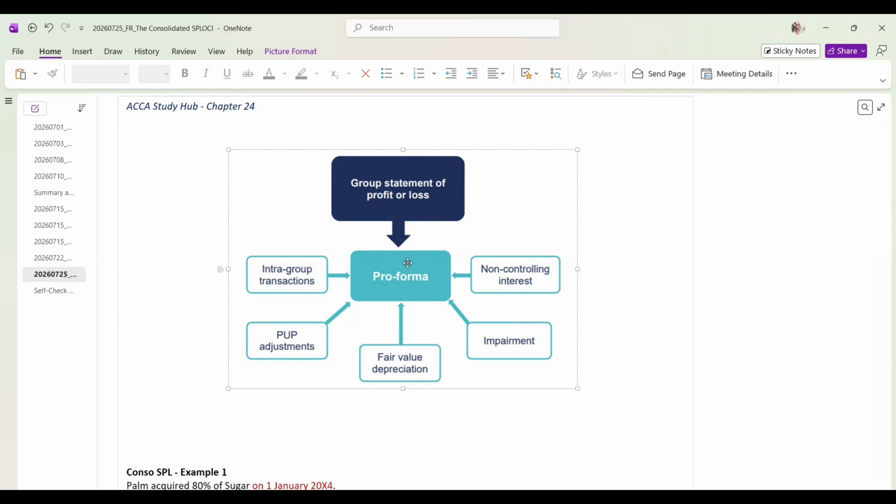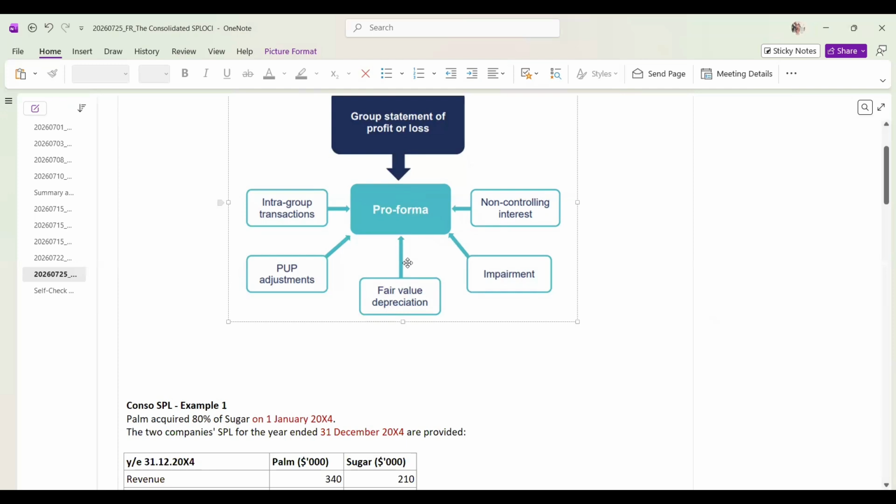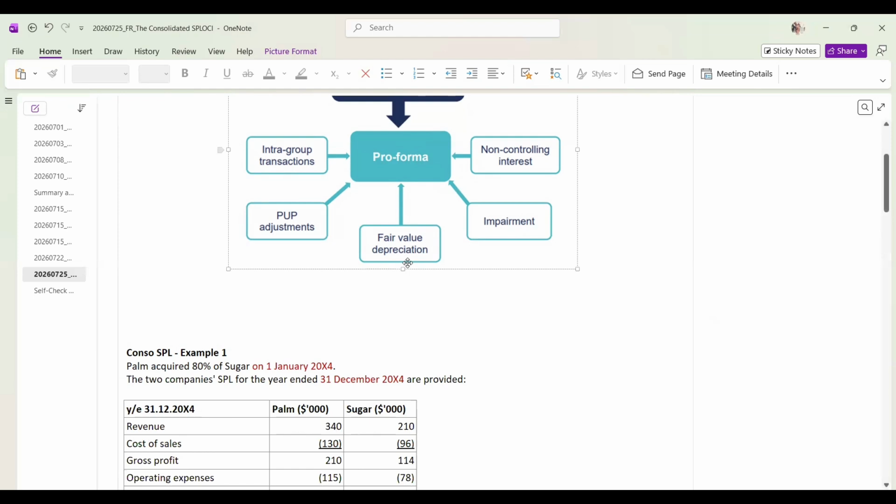Let me consider this as an introduction or a background to the group statement of profit or loss, and let's start slowly by looking at questions from what I consider to be the simplest form to the most difficult form.